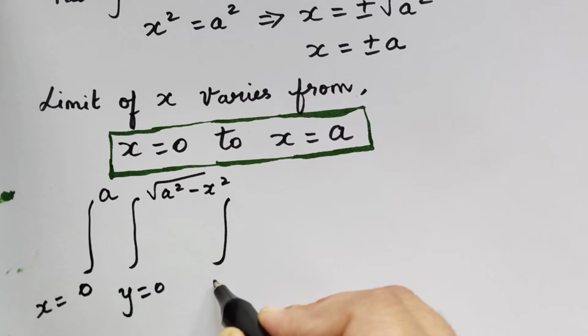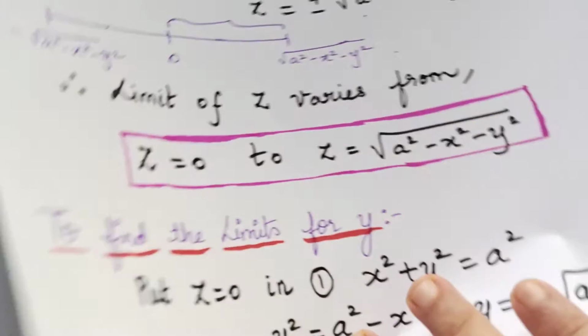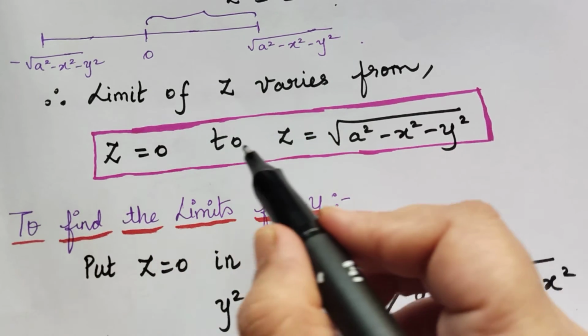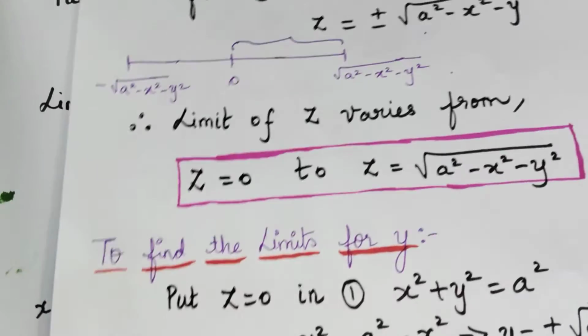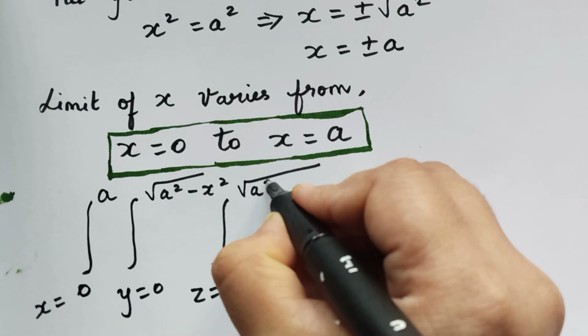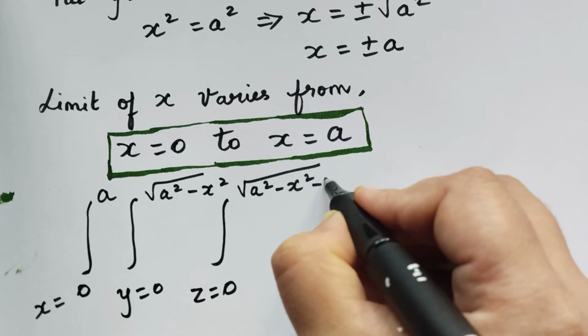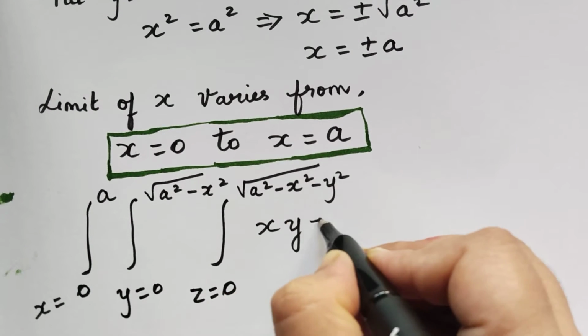And finally the inner limit will be for z, which is 0 to, so what are the limits for z? It varies from 0 to square root of a square minus x square minus y square. So let us write that a square minus x square minus y square, and the function given is xyz.